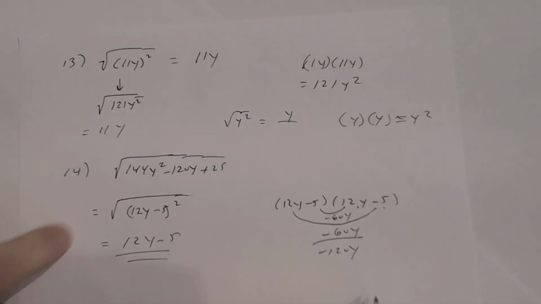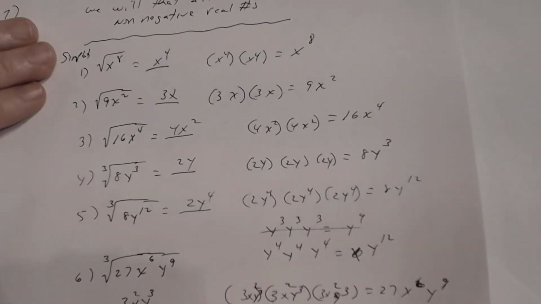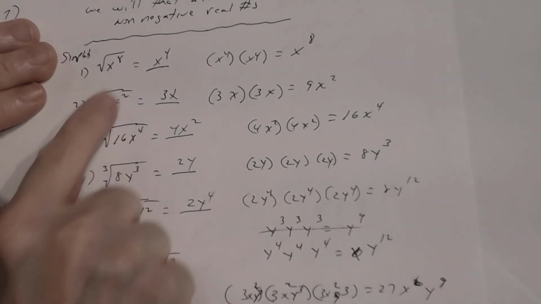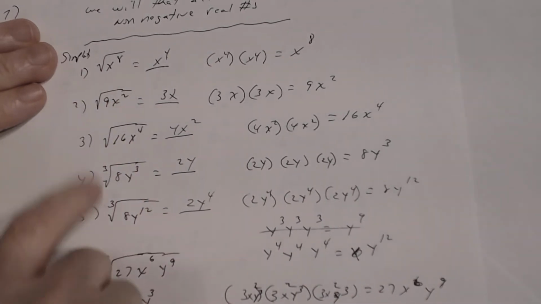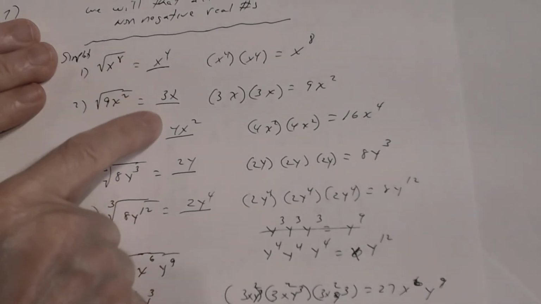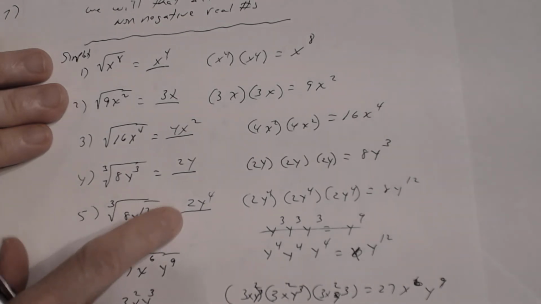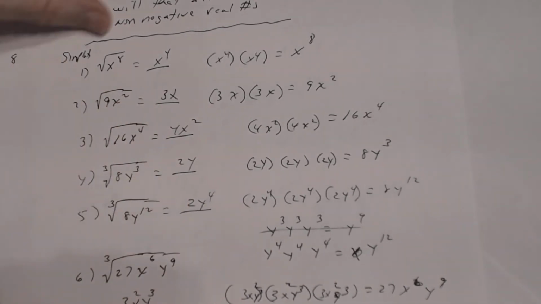Okay? So this lesson was basically to introduce you to how to simplify square roots and cube roots where my radicands were variables. Now notice the answers turn out to be nice monomial factors.